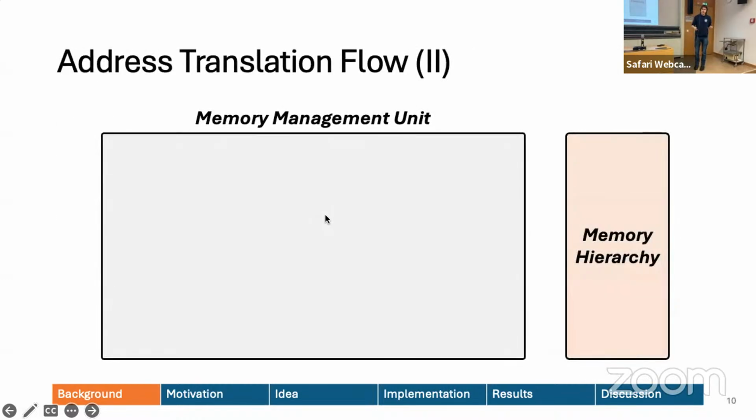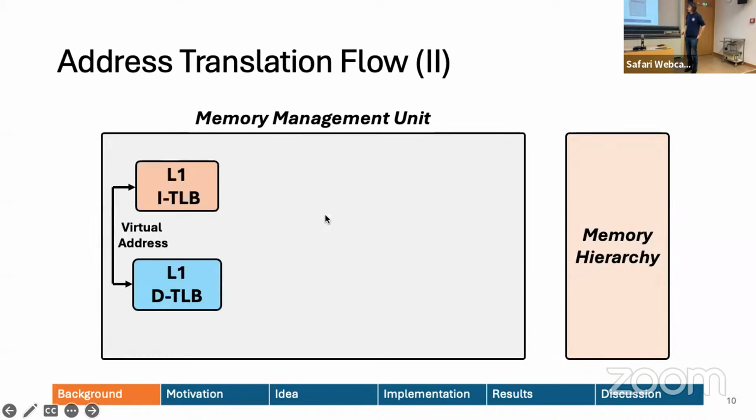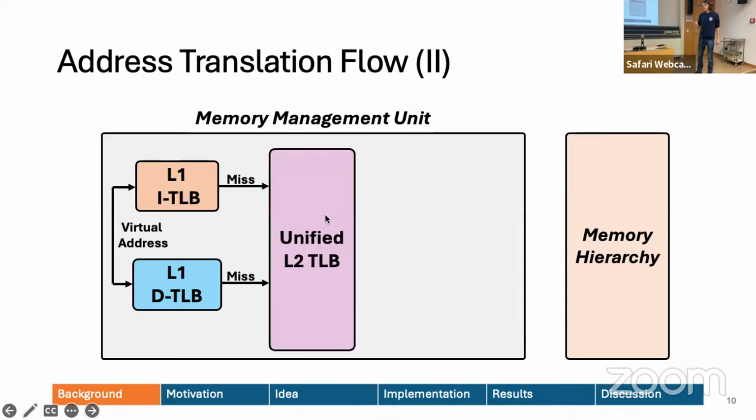So now let's look at the address translation flow in more detail. The virtual address comes into the memory management unit. The first thing we do is look in our L1 TLBs. We have two of them, one for instructions, one for data. If those miss, we look in the unified L2 TLB, which is shared by the cores in the CPU.